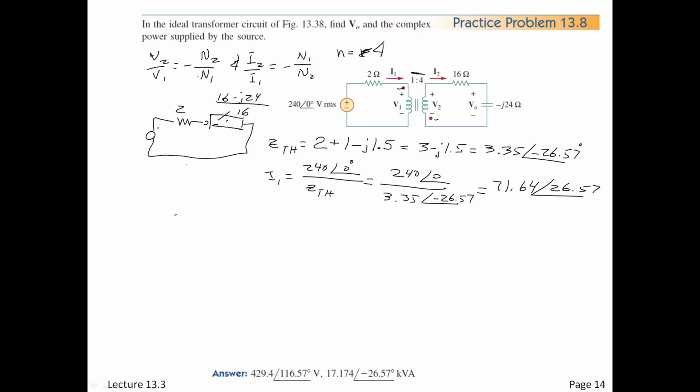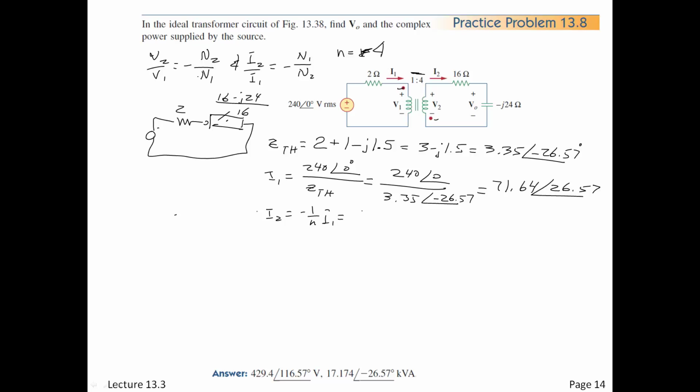We can follow this quite easily with I2 equal to, we have this as a simple turns ratio, minus 1 over n times I1 at this point. See, isn't this nice about the transformers? With that ideal coupling and the assumptions made about it, it really makes it easier to move things back and forth.